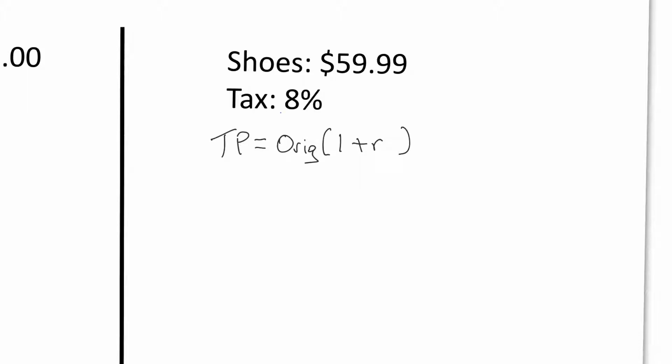The rate is the percent right here, but it's not going to be 8%. My rate as a decimal will be 0.08. And just to refresh your memory, the 8%, I'm going to tell you guys that you have to move 2 to the left. Let's say that we have the 8% up here. To convert this percent into a decimal, the decimal is on the right side of the 8.